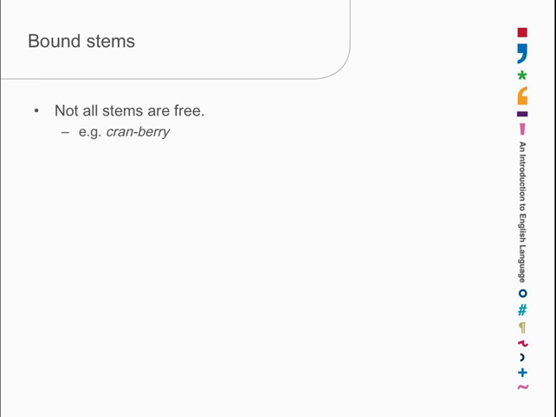Is it a prefix? Well, if it was a prefix, we'd expect it on other words. Prefixes are productive to a greater or lesser extent. This one only turns up in cranberry.